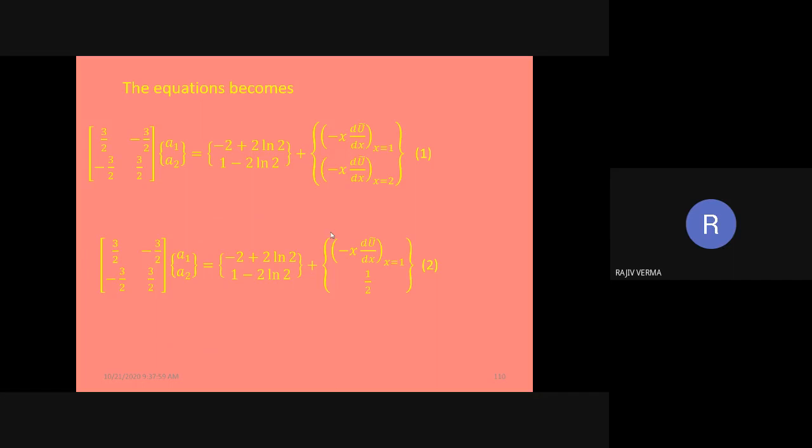So obviously you can use the second equation to get a solution, but you cannot use the first equation to get the solution. So for this, you use the second boundary condition which was prescribed to you.